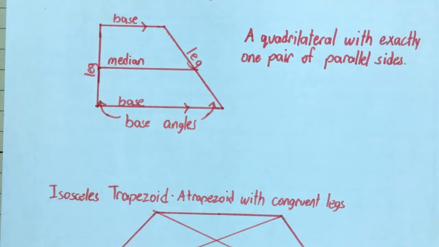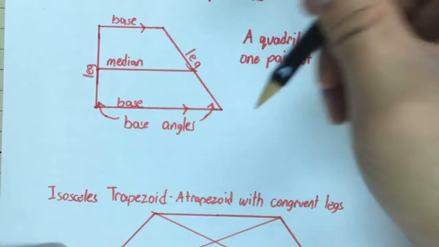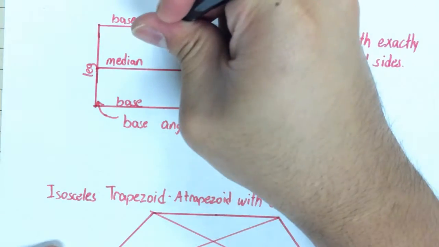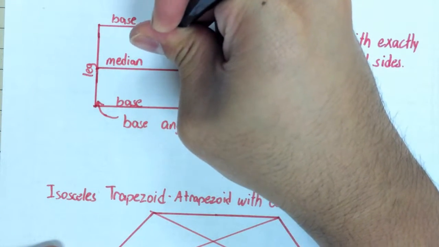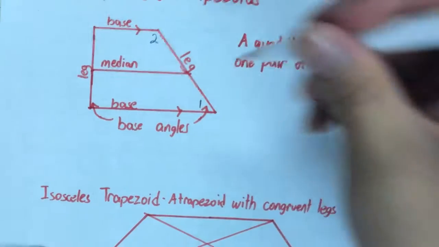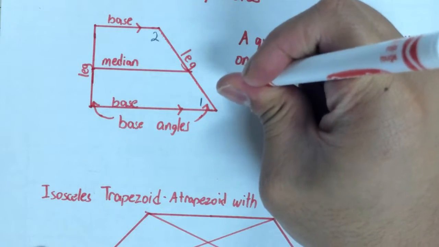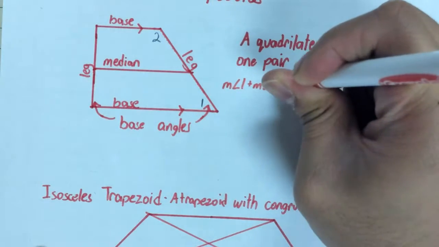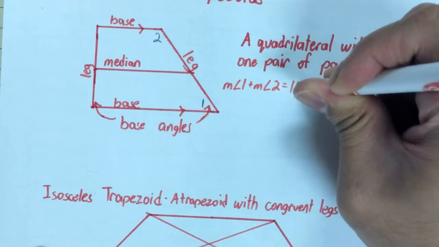Now, there's one property of any trapezoid in general that I would like to point out. If I call this angle 1 and call this angle 2, we have this property: measure of angle 1 plus angle 2 equals 180 degrees.